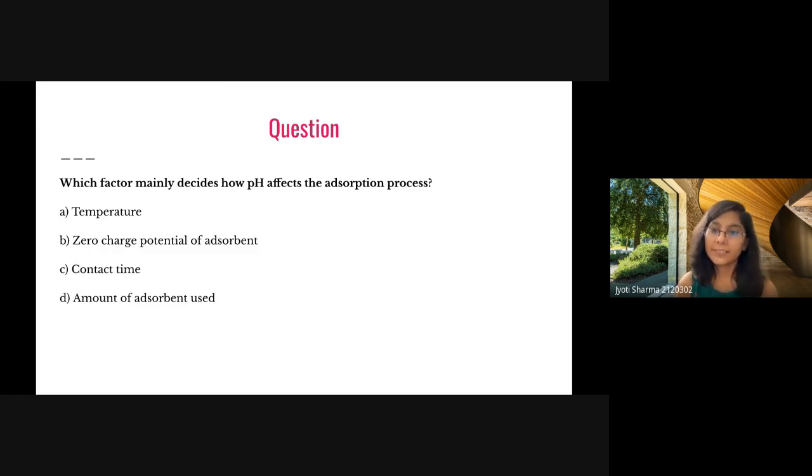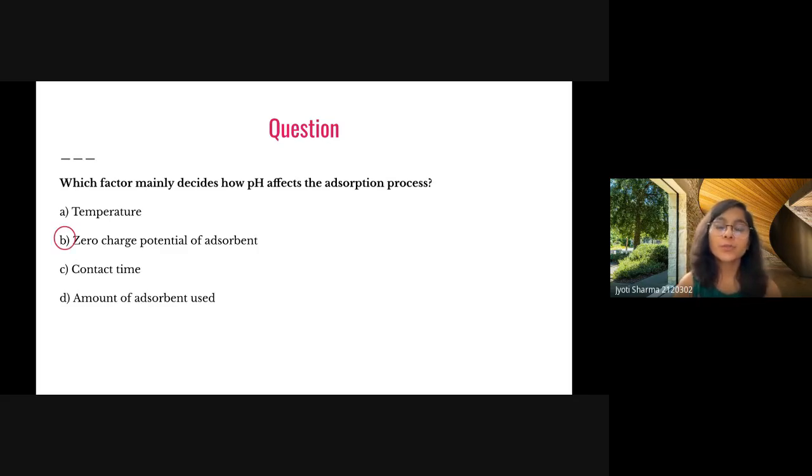Okay, so a little technical, but you can tell which factor mainly decides how pH affects the adsorption process. Temperature, zero charge potential for adsorbent, contact time, amount of adsorbent used. A little trickier, but I think you can tell. Okay, so Dia gave me B answer, and yes, B is the right one.